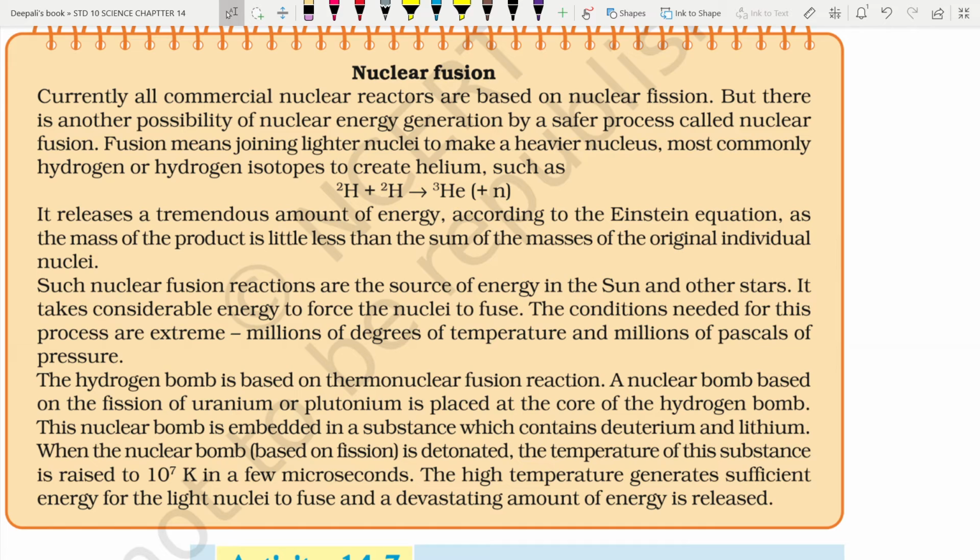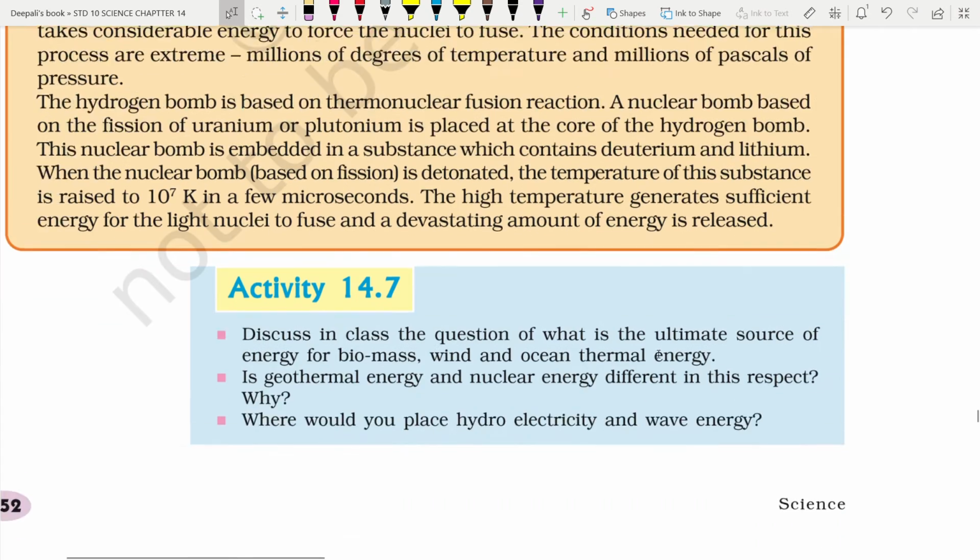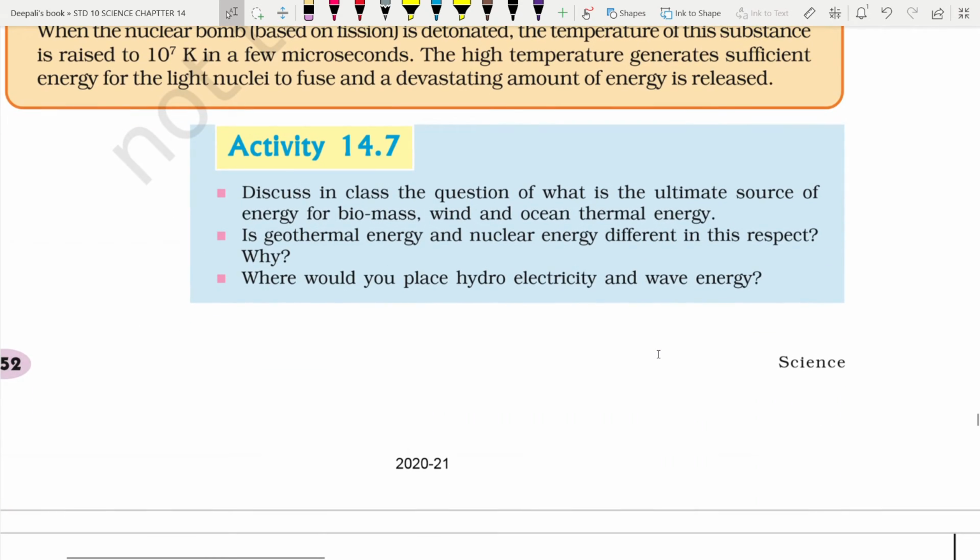When the nuclear bomb based on fission is detonated, the temperature of this substance is raised to 10 raised to 7 K in a few microseconds. The high temperature generates sufficient energy for the light nuclei to fuse and a devastating amount of energy is released. So we know the destructive use of it.